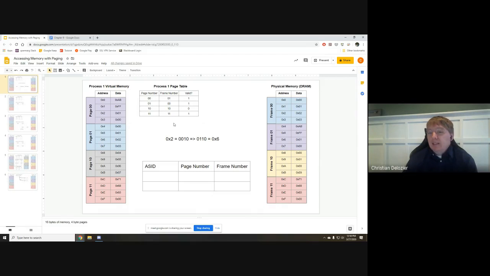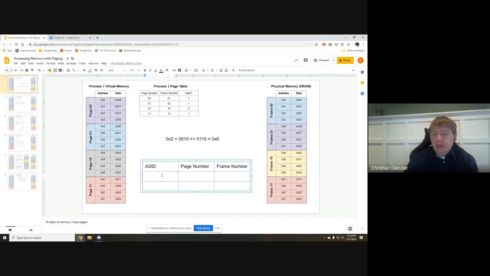So to make that process faster, we can cache the result of that translation. So the first time we go to get this page number 00 and the frame number 01, we can store that in this cache. And we probably have it so that the ASID is like the process ID, essentially.